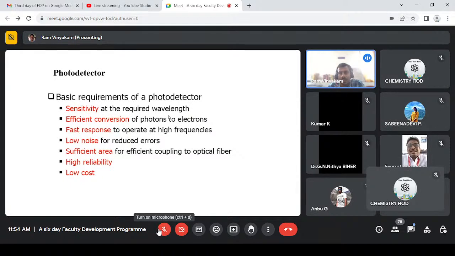There are basic characteristics for a photodetector. First is sensitivity, which depends on the wavelength: at which wavelengths the detector has to be sensitive.